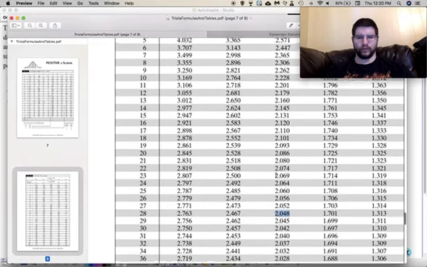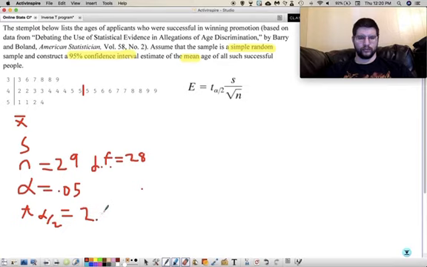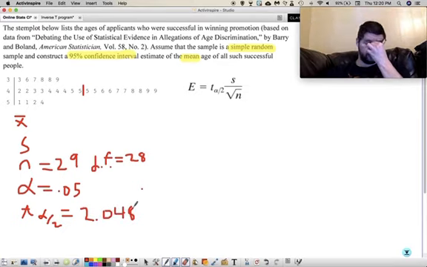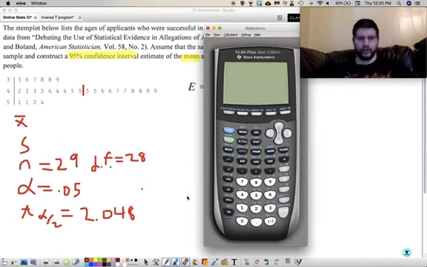So 2.048. Now, if we have a TI and you wrote the program, you can just type it in. But remember, it wants the alpha in one tail, so we got to cut it in half, just like we do for inverse norm. Degrees of freedom is 28, and we get 2.048, same thing.